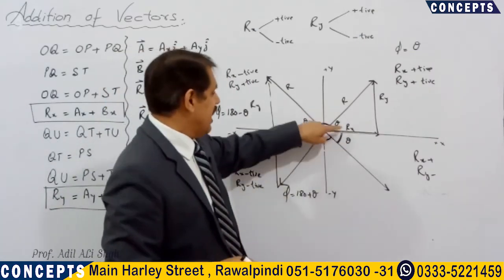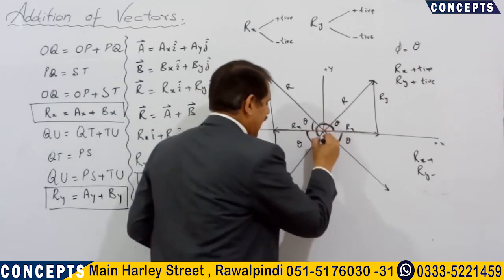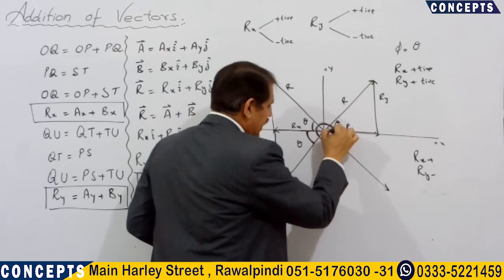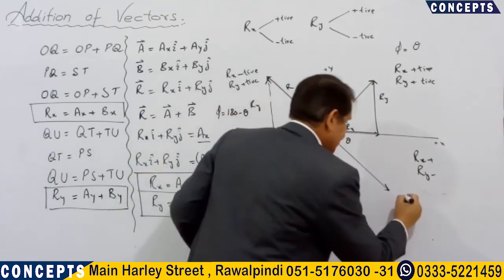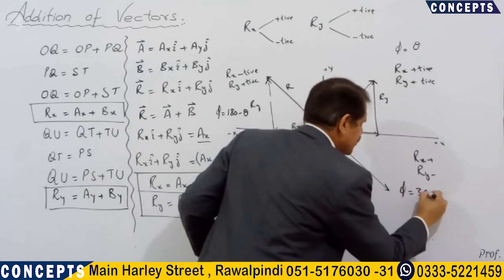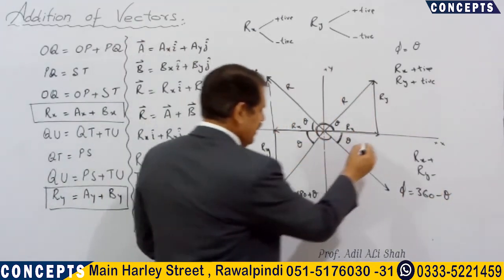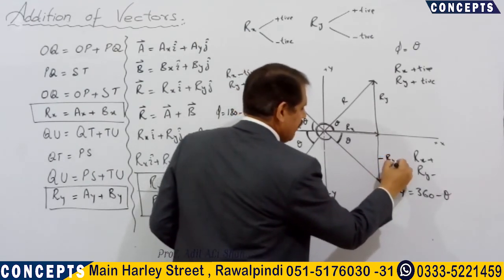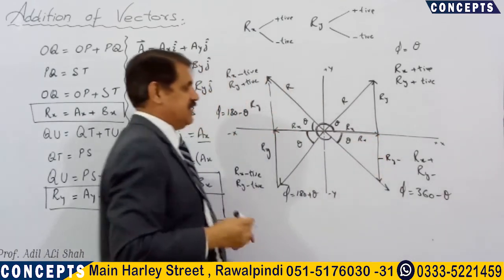Angle is always taken along the anti-clockwise direction. So the total angle is 360 degrees, minus this, would be phi. Phi is equal to 360 minus theta. You can see that its component Ry is negative and Rx is positive.